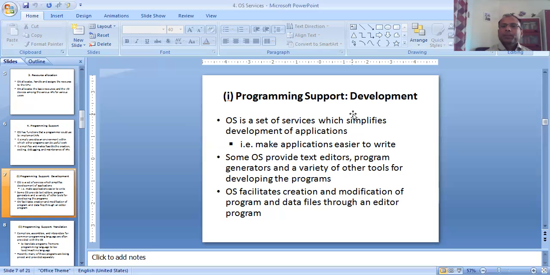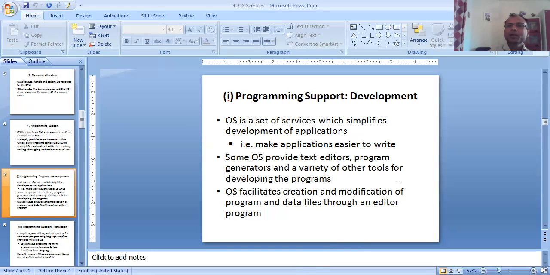So operating system provides the text editors in which the program can be written, program generators, which support the development of the program very easily by providing some handmade, already inbuilt tools, which can be used directly for development of the program. So for creation and modification of the program, program generators, text editors, and other tools are provided.